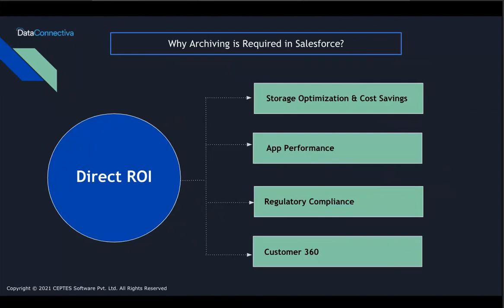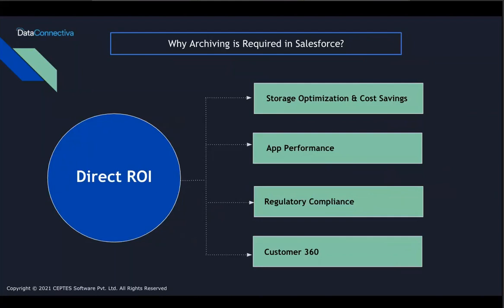So if deleting is not an option, then what you have to do is archive the data. And then, Salesforce talks about Customer 360. What is Customer 360, right? Salesforce says you need to bring all the data together at one place for a particular customer, and then you have a holistic view of the customer.